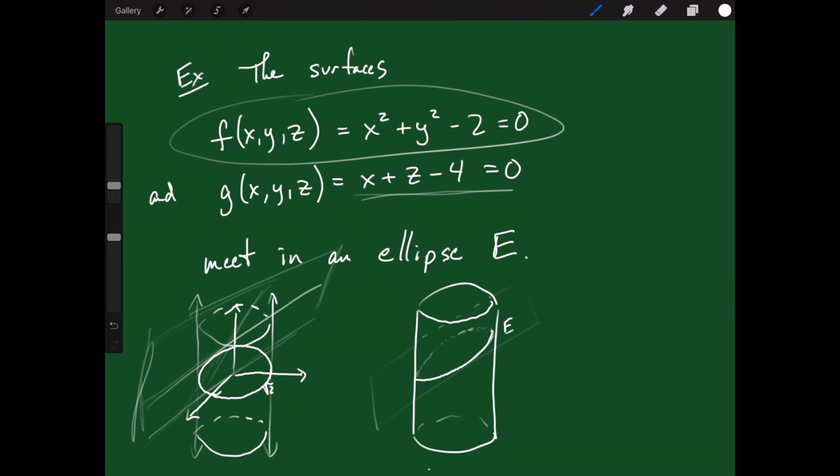Okay, so now here's the question. Let's find a parametric equation for the tangent line to E at the point 1, 1, 3. Okay, so let me write that down.